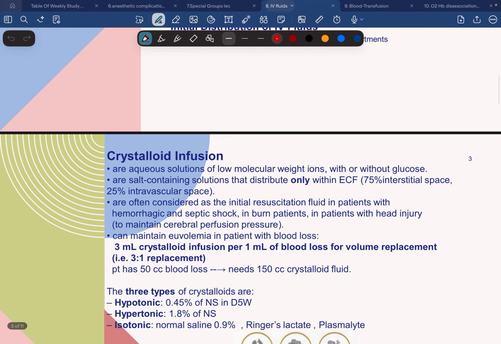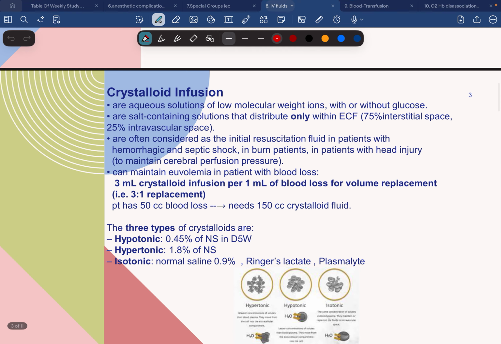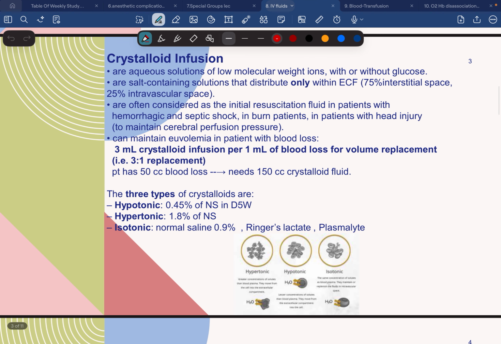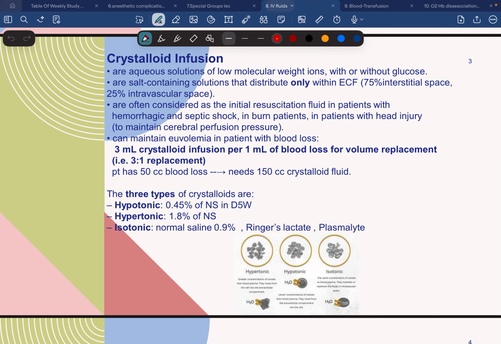Crystalloids are the ones we most commonly use: cheap, available, very quick. One of their problems is that they distribute within the extracellular fluid, which means 75% will stay in the interstitial space, and only 25% will stay within the intravascular space.